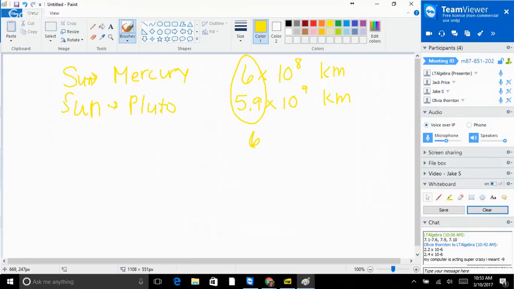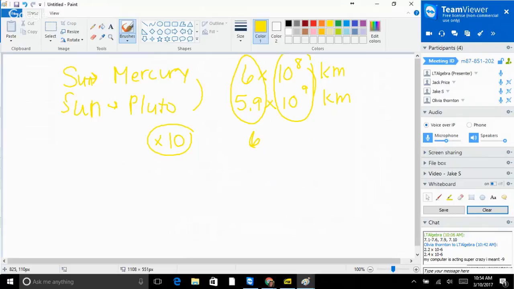But if you look at the powers, Mercury is 10 to the 8th and Pluto is 10 to the 9th. That means Pluto is 10 times further away from the sun than Mercury is. Because we have 10 to the 8th to 10 to the 9th, it can give you a really fast idea of magnitude of differences. So we would say that Pluto is 10 times as far away from the sun as Mercury is.